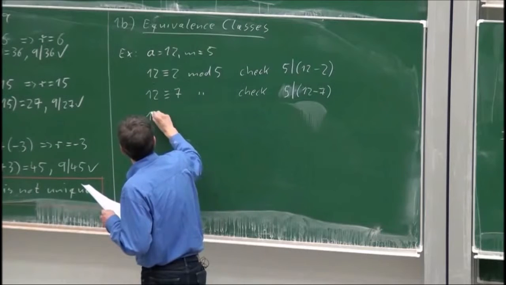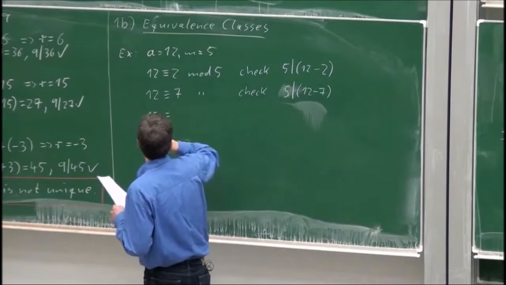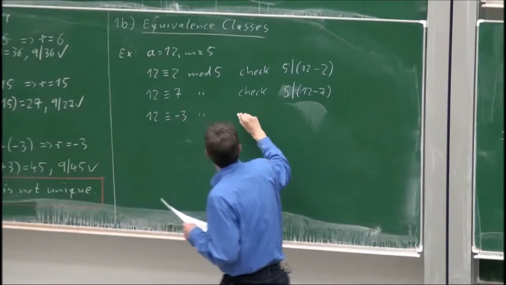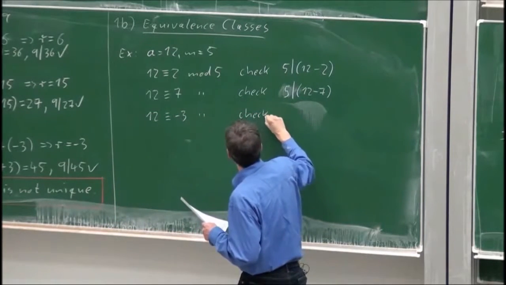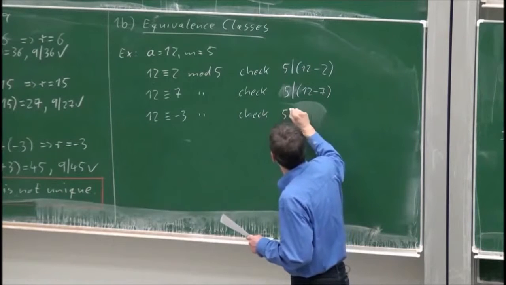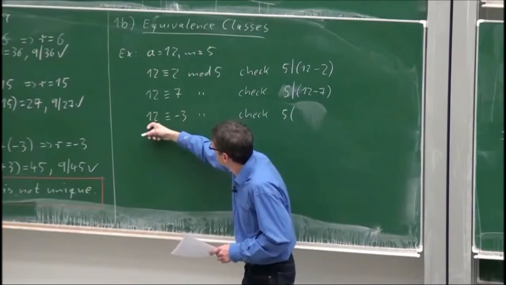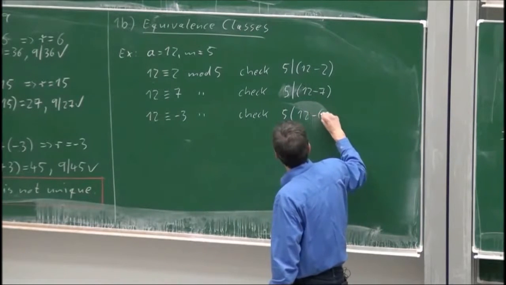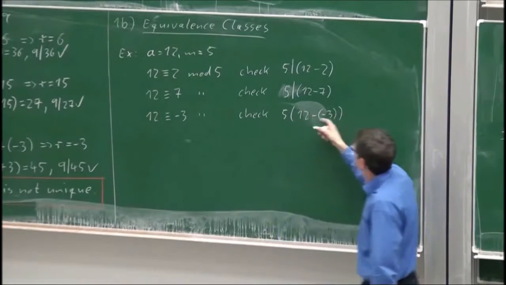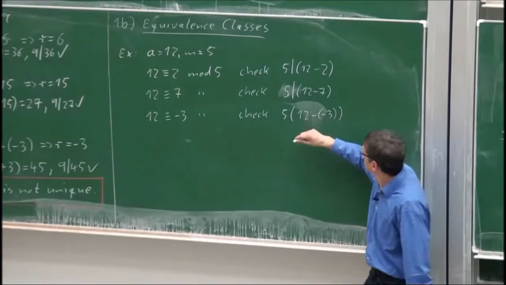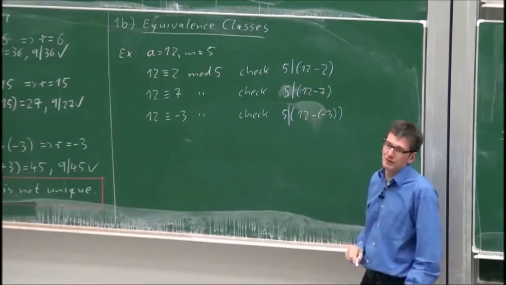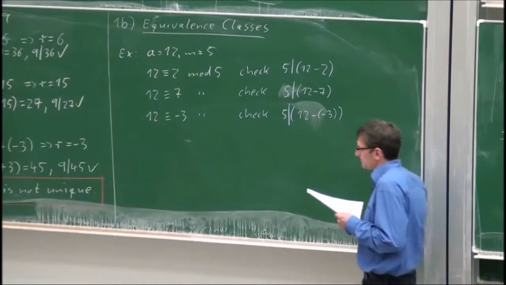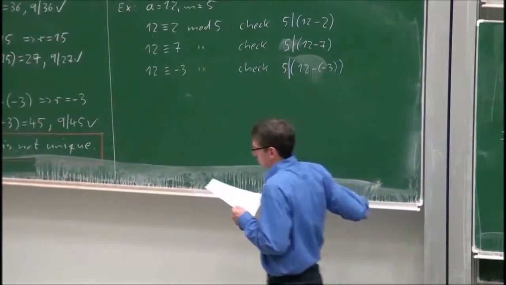We can also go into negative numbers here. Minus 3, if we do the check here, we have to look 12 minus -3, which is 15, and 5 divides 15. It works.